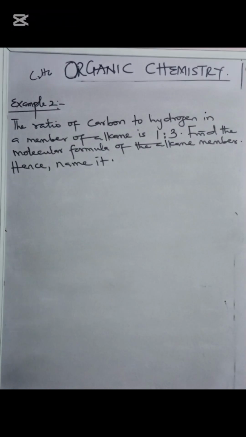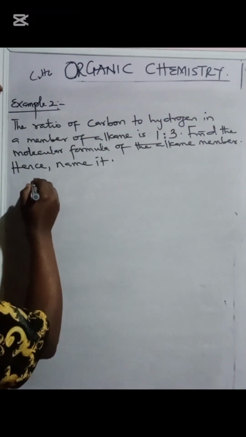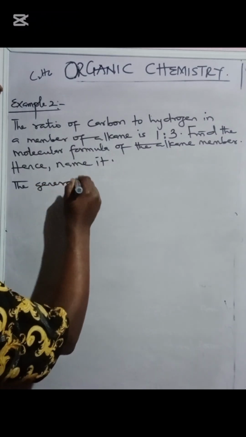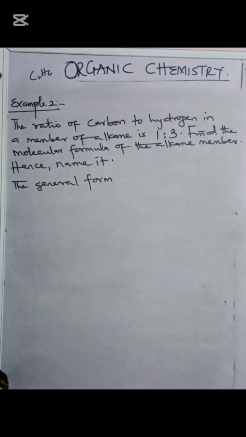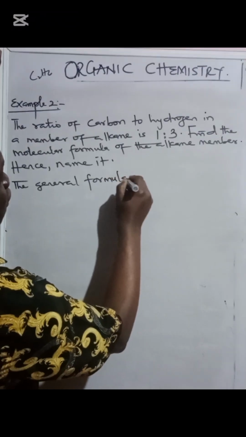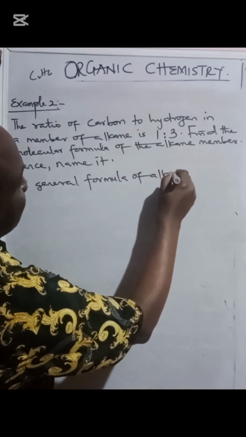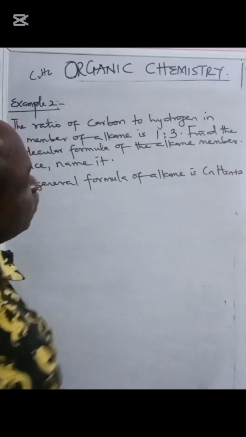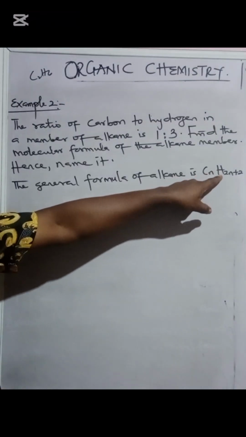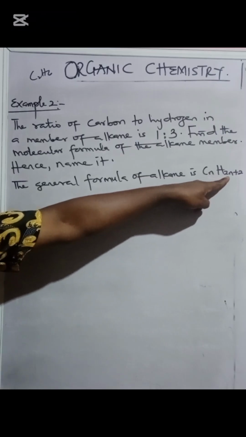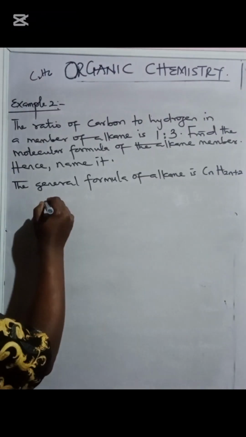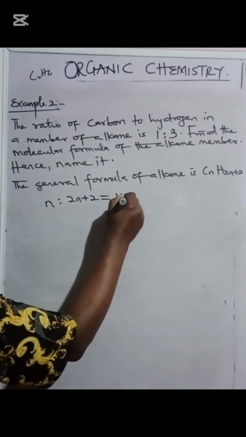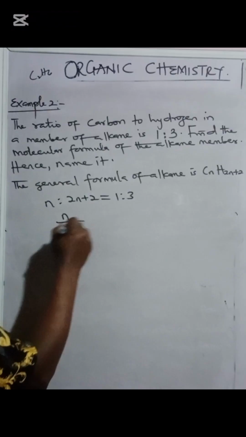So we start with the general formula. The general formula of alkane is CnH2n+2. So the number of carbon atoms is n, the number of hydrogen atoms is 2n+2. So we say n ratio 2n+2 is given to be 1:3. So n over 2n+2 is equal to 1/3.